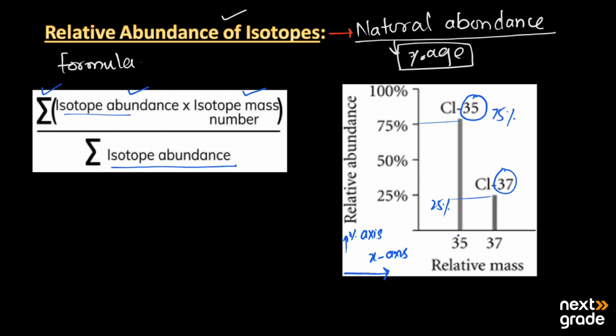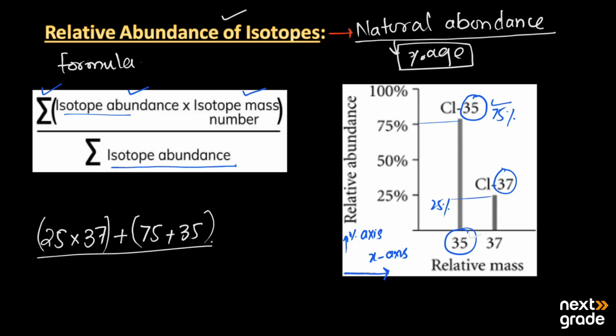For the isotope abundance of chlorine 37 we have 25, multiplied by its mass number 37, plus the isotopic abundance of chlorine 35, which is 75, multiplied by 35. We take this summation and divide by the total isotopic abundance, which is 100.